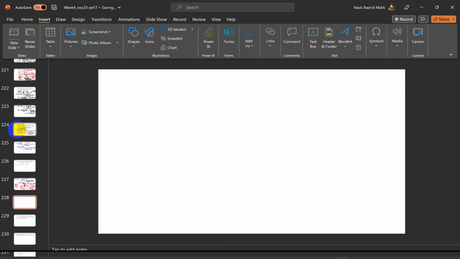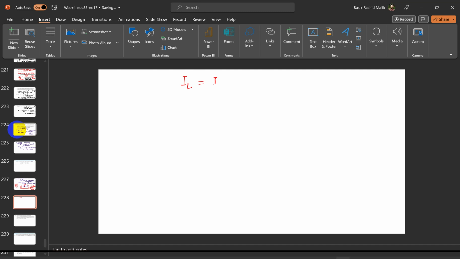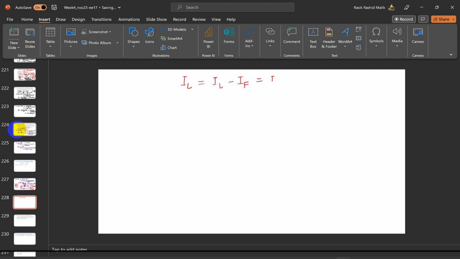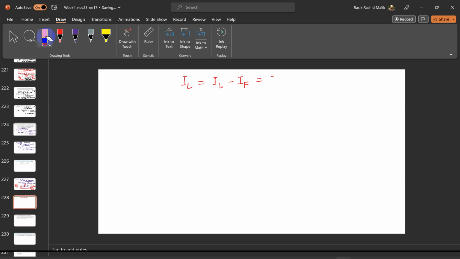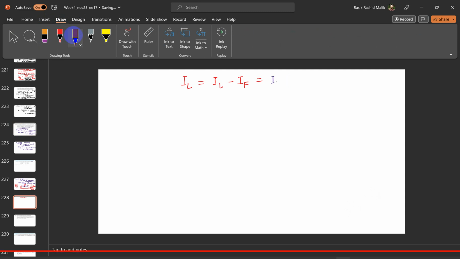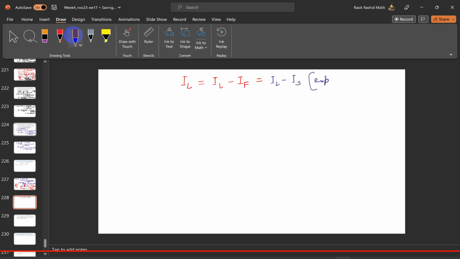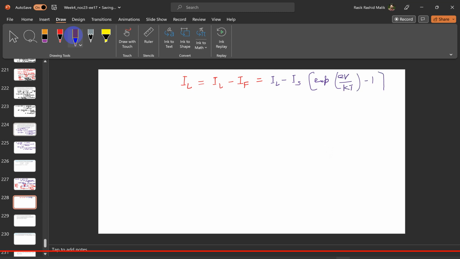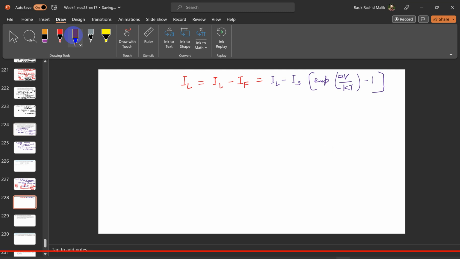So we now have the expression for the current, that is I equal to IL minus IS exponential of eV by kT minus 1. So this is the net expression for the current, and the two limiting cases will be the short circuit condition.